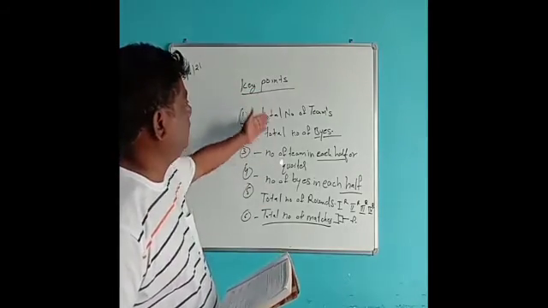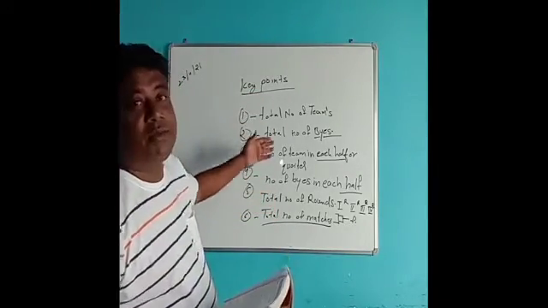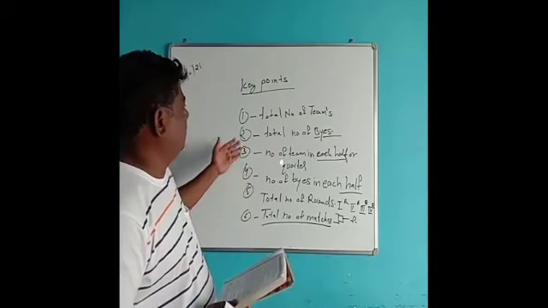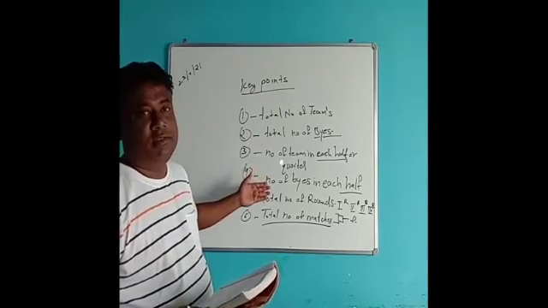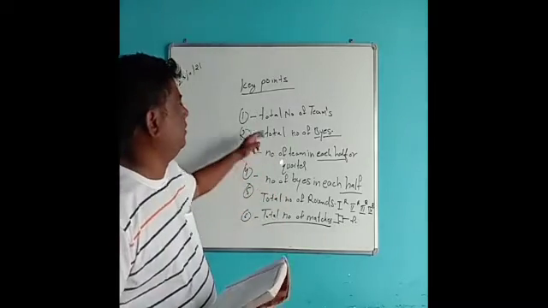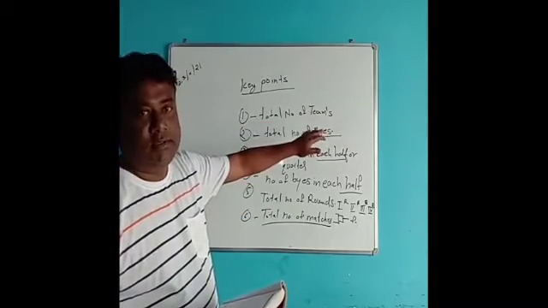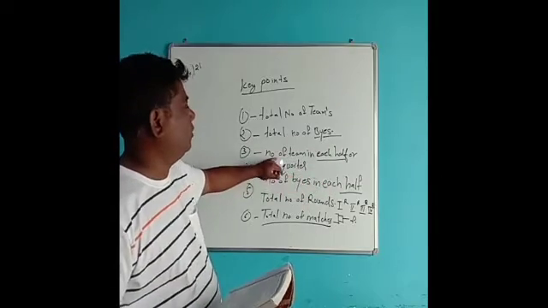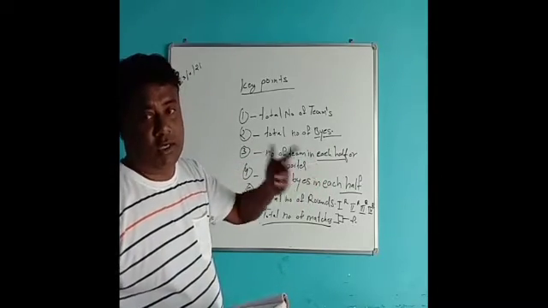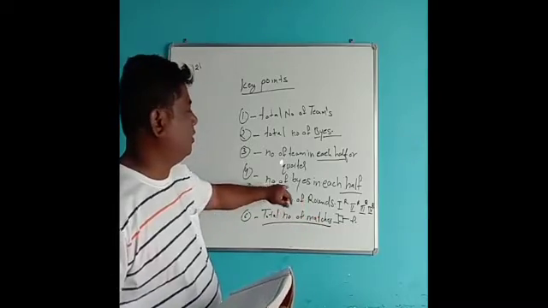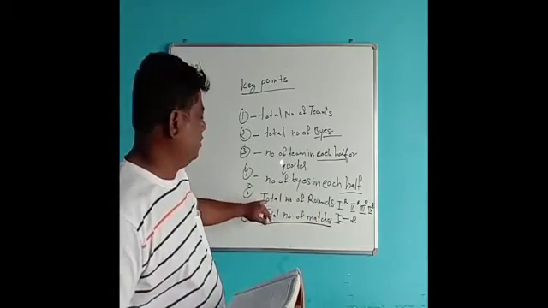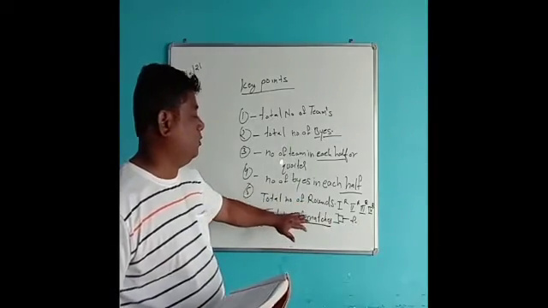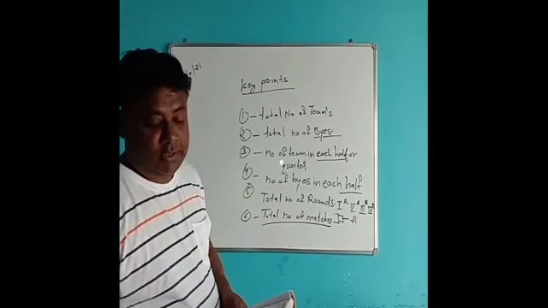While preparing fixtures, we should remember the key points: total number of teams, total number of byes, number of teams in each half or quarter, number of byes in each half, total number of rounds, total number of matches.